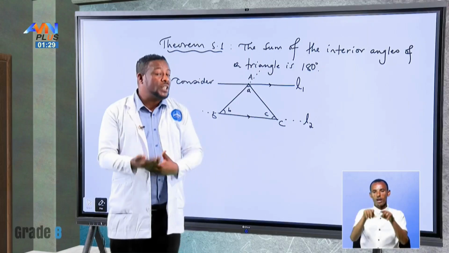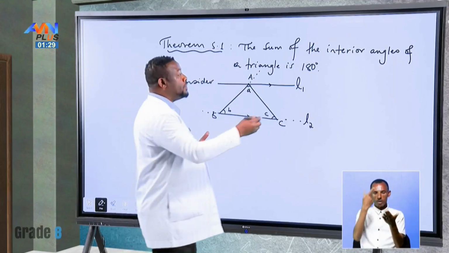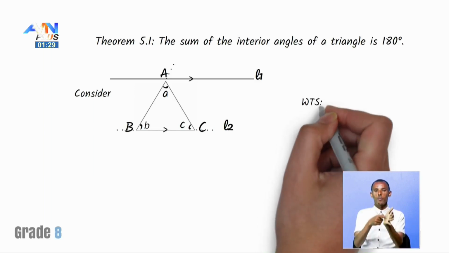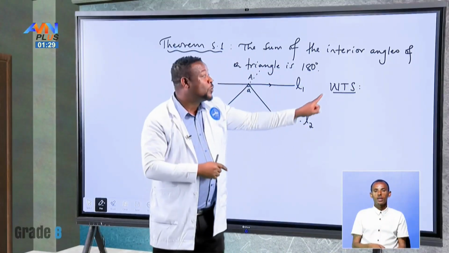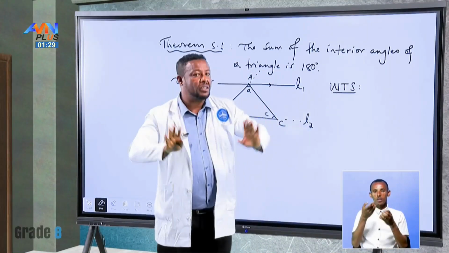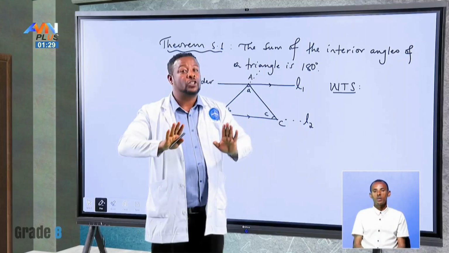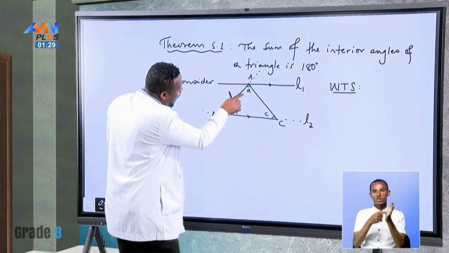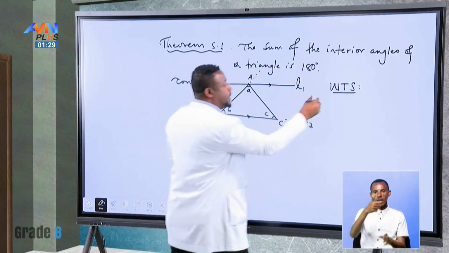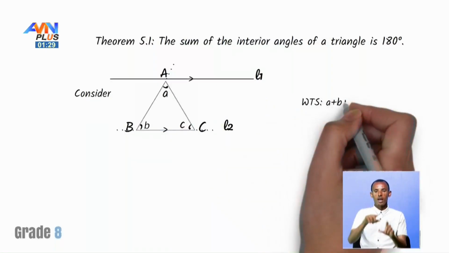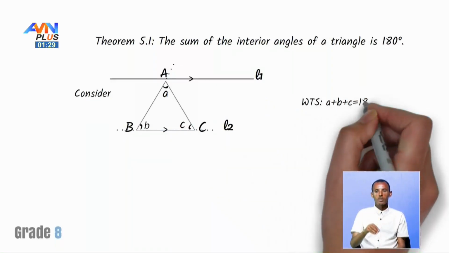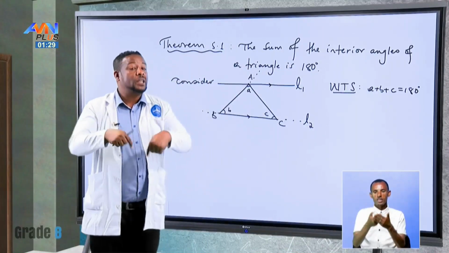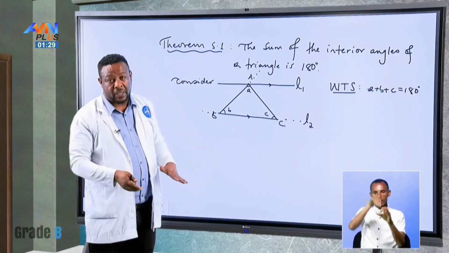Now, our objective is, we want to show, I use this letter as a shorthand notation, that angle A plus B plus C is 180 degrees, because these three angles are the interior angles of the triangle ABC.